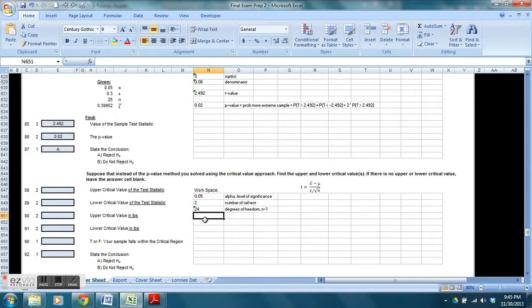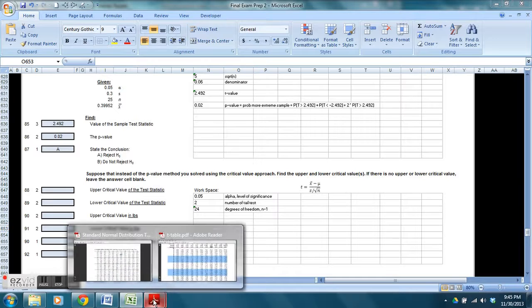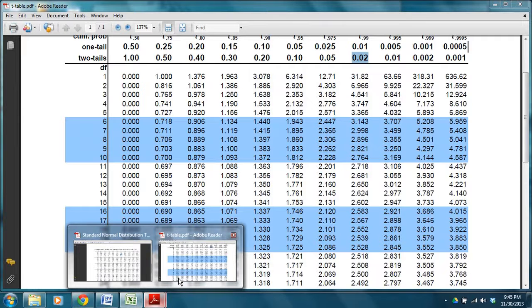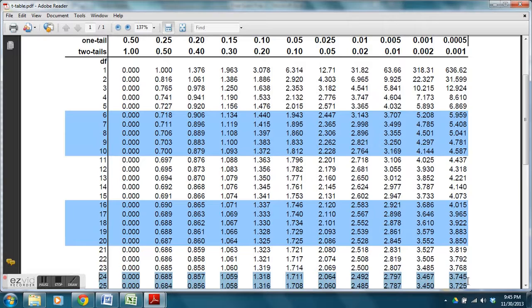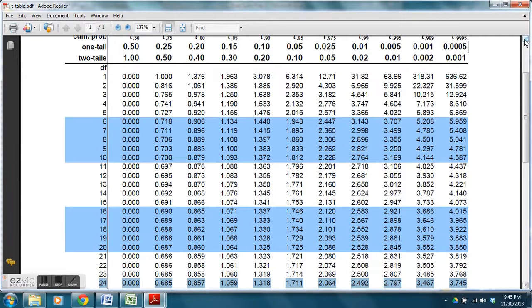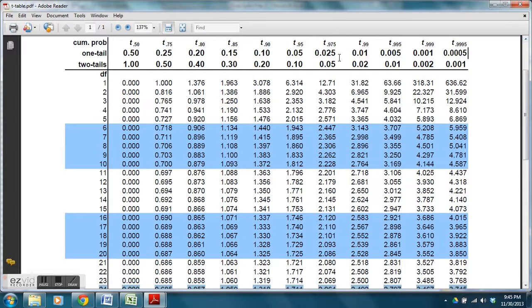So we want to determine our upper critical value. We simply go to our t-table, and we say, oh, we have 24 degrees of freedom, so we're interested in this row right here. And the total probability that we're interested in is 0.05, and we can say that's distributed between two tails.